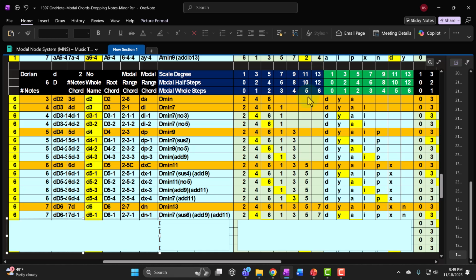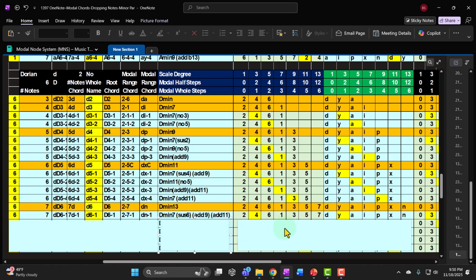And I drop the 3rd, so I'm going to replace the 3rd with the 13, which I dropped down to the 6. But I have to do that with a 7 chord because they won't let me do it with a 9 or 11 or 13 chord. So it would have to be a D minor 7 sus 6, and then I have to add the 9 and add the 11.